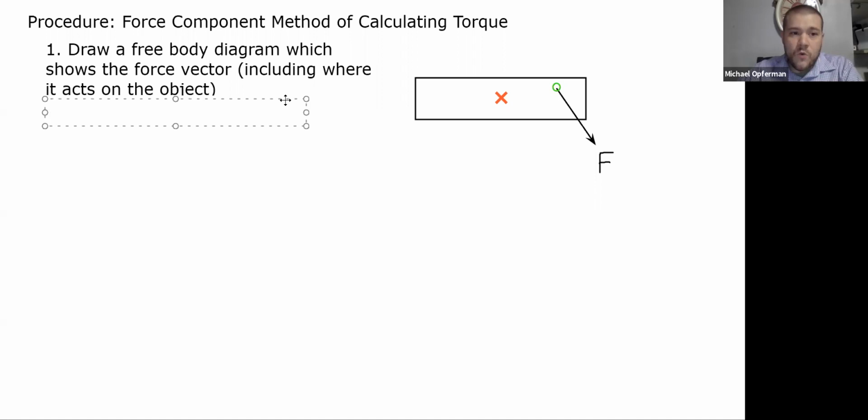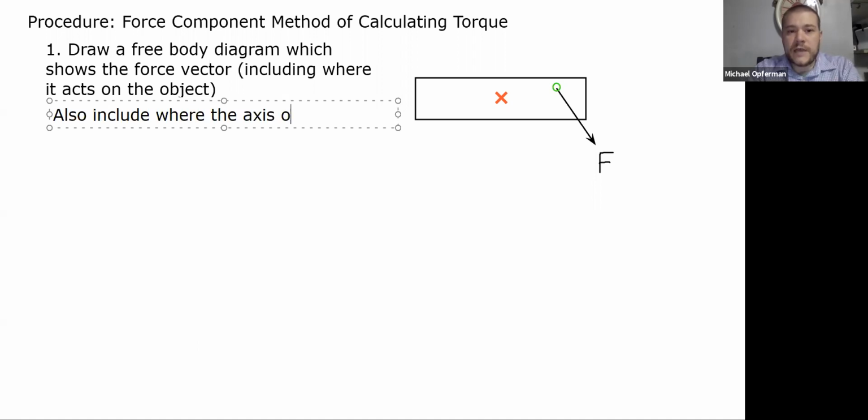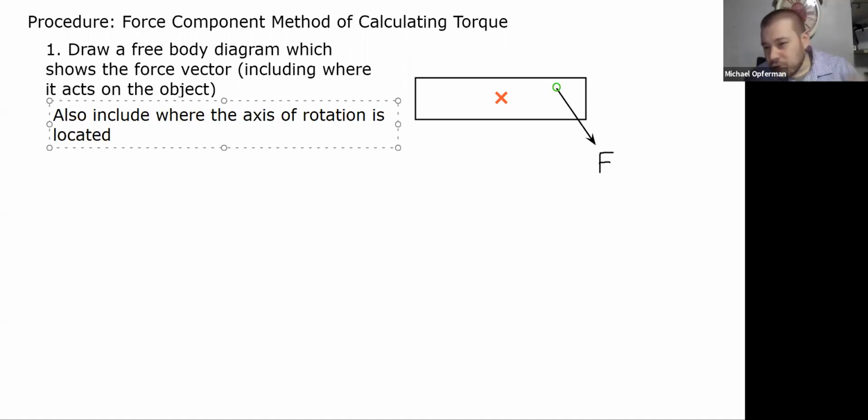And you also want to include where the axis of rotation is located, which I've denoted with an X. I usually mark the axis of rotation as an X in my picture, or an X with a circle around it sometimes. Okay, so that's step one. You probably could have guessed it, because this is step one of almost everything we do in the class: get yourself a good picture so that you can actually see what's going on clearly.